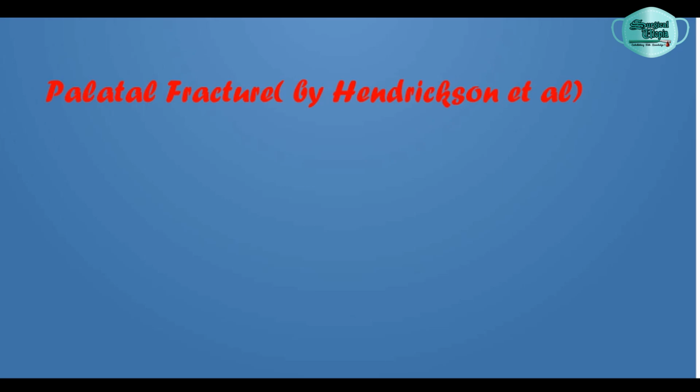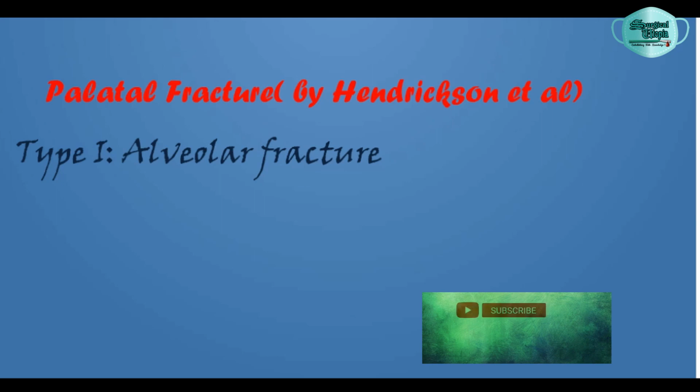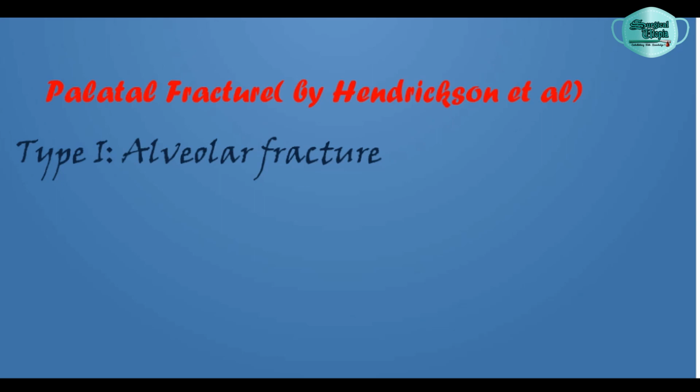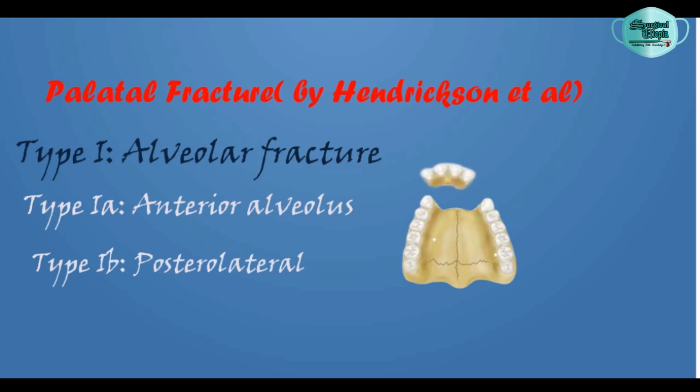Now coming to the palatal fracture, and this classification was given by Hendrickson. He divided the palatal fracture into 6 types. So there is type 1, which includes the alveolar fracture, and type 1 is divided into type 1A and type 1B. Type 1A includes the fracture in the anterior alveolus region, and this fracture contains only incisor teeth and associated alveolus.